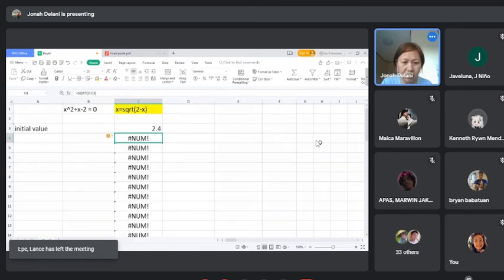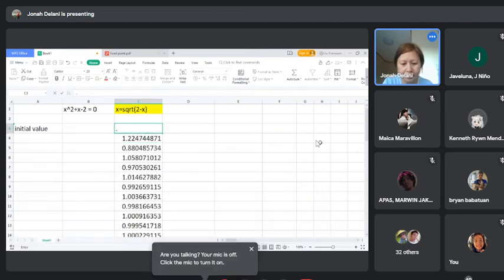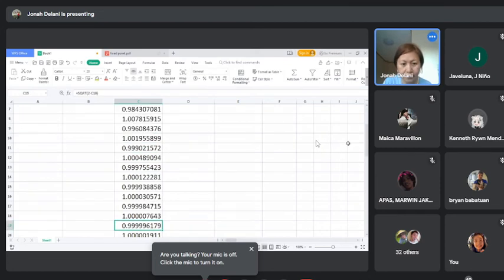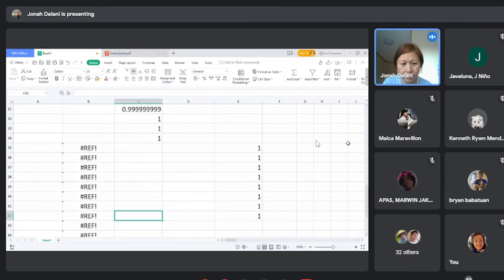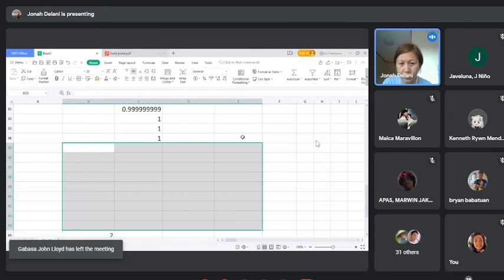See, it goes beyond if it is 2.4. I will show that it solves. I think there are a lot of references or examples on the internet for this.